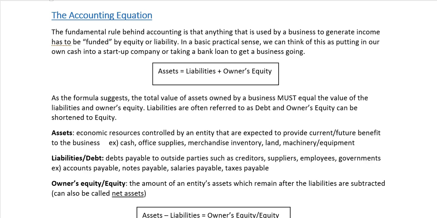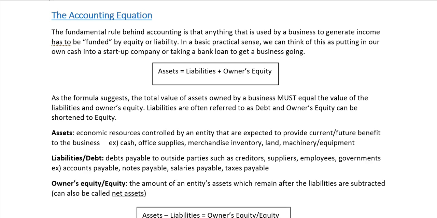These are usually amounts owed to suppliers. Notes payable might be something that you owe to the bank. Salaries payable are generally amounts owed to employees, and taxes payable, of course, are owed to government.